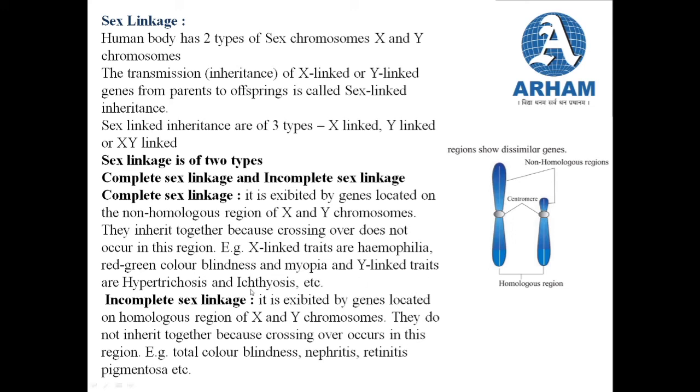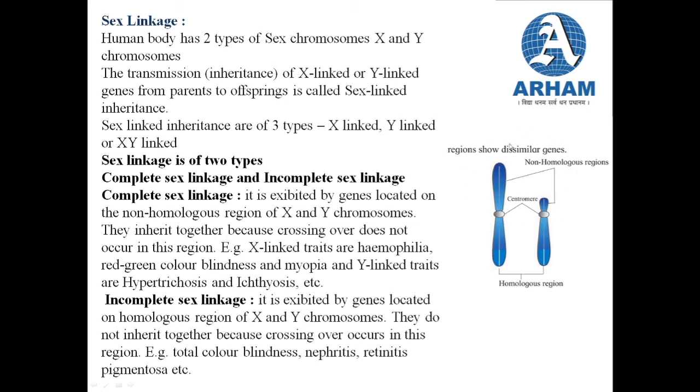The second disorder is ichthyosis. Ichthyosis is a skin disorder characterized by dry and scaly skin, and the skin even gets thickened at particular regions. These are the two disorders in Y-linked traits of complete sex linkage, and complete sex linkage takes place in the non-homologous region.